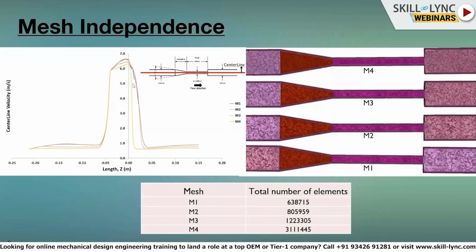But when you start doing it, you have to actually get the same velocity profile. If you are comparing two or three meshes, you should get the same velocity profile for all the meshes, and accordingly you should choose that mesh for the studies. Every CFD engineer should be aware of this, and you should confirm it before starting any big project.